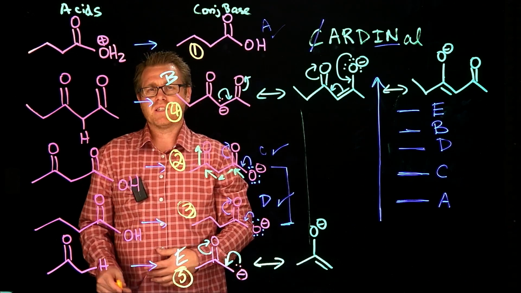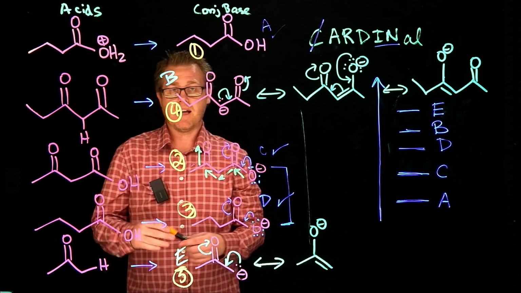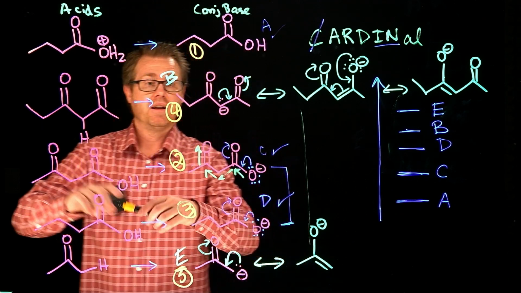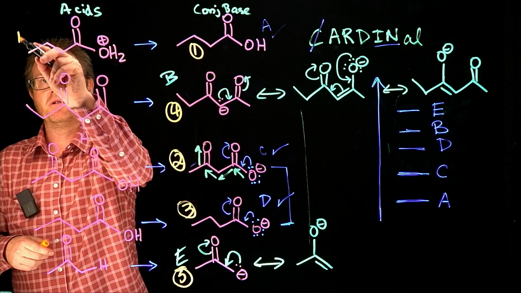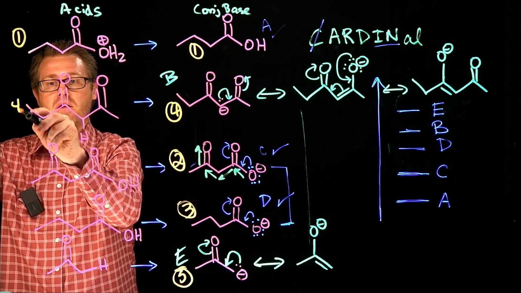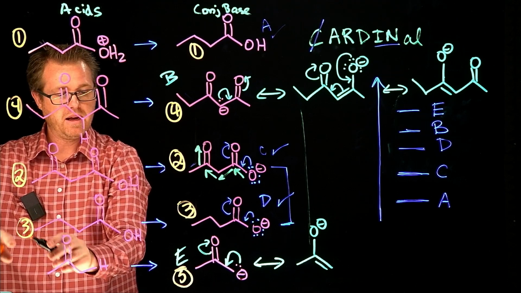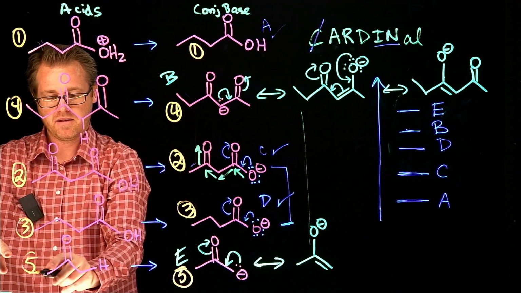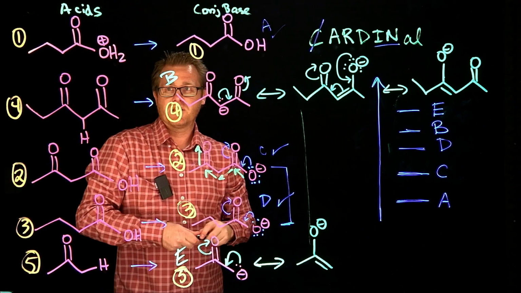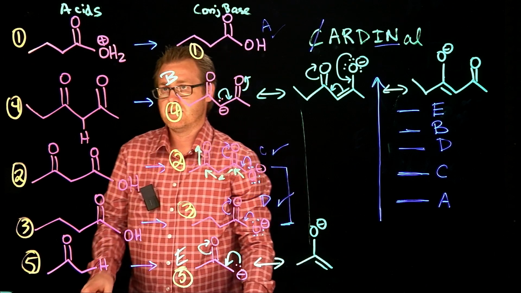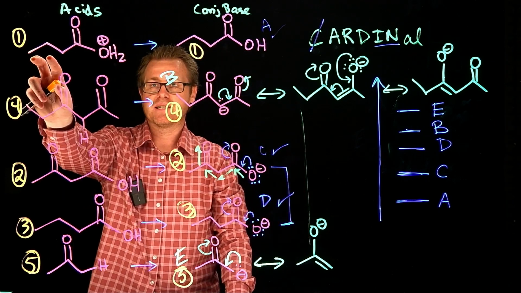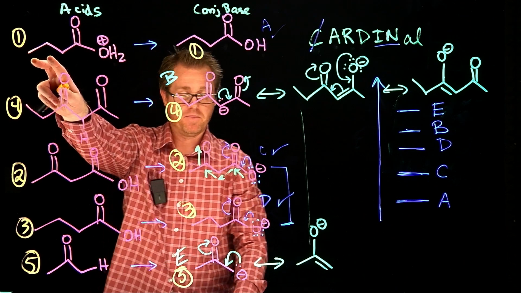Now, what's another way that we could look at that? So that's how we do it. So what's the most acidic? It follows these same numbers. This is the most acidic, then 2, 4, 3, and 5. So let's try to understand why this is the most acidic from an energy perspective.